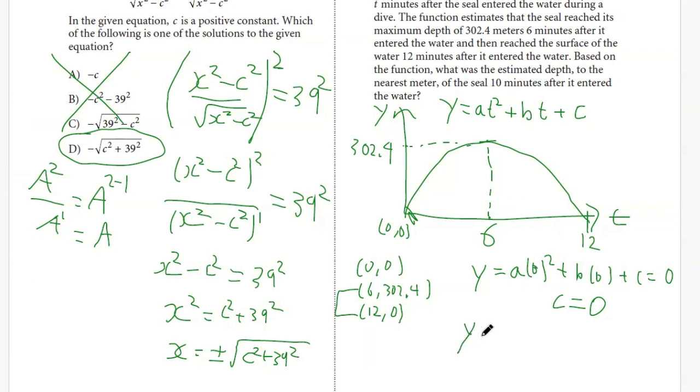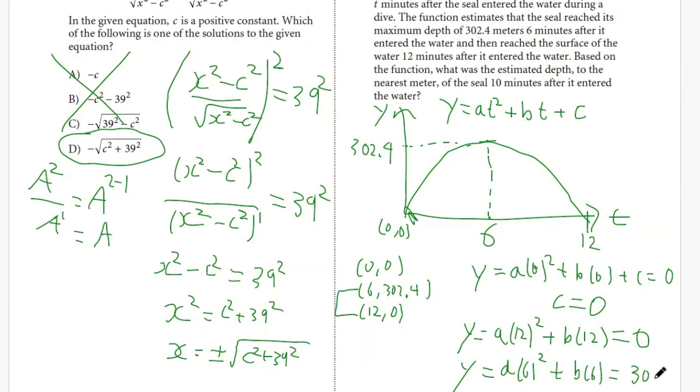So if I put y is equal to a times 12 squared plus b times 12, this has to equal 0. And we also have this guy here, a times 6 squared plus b times 6. This needs to equal 302.4.